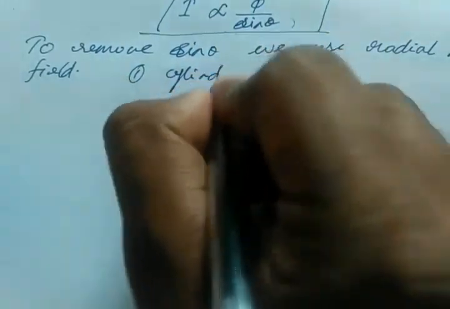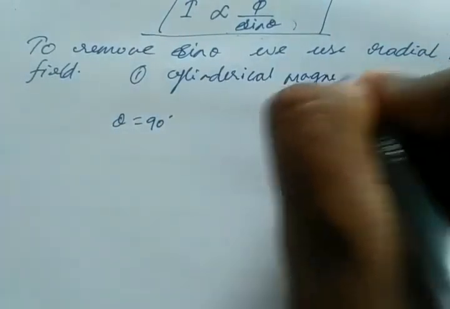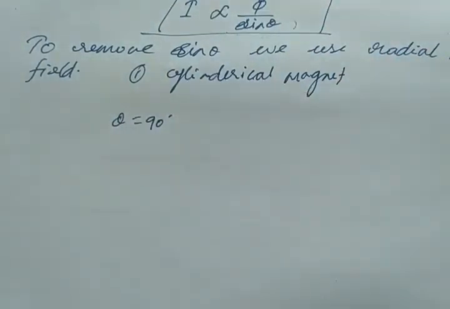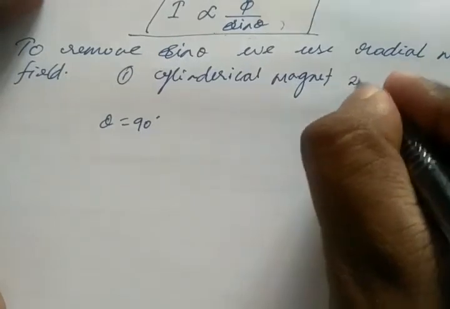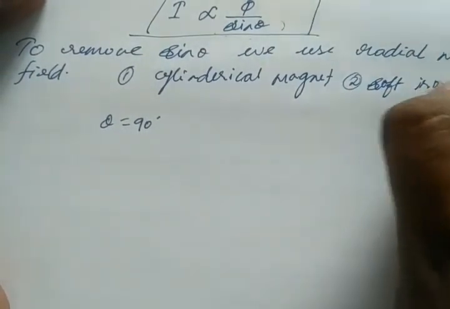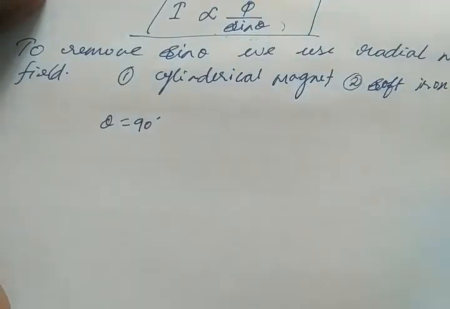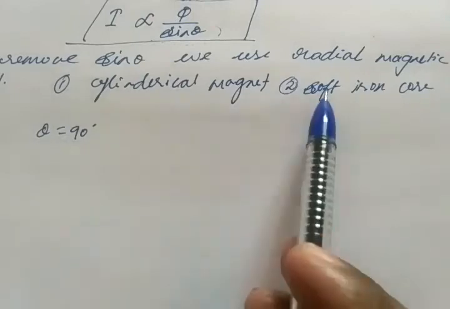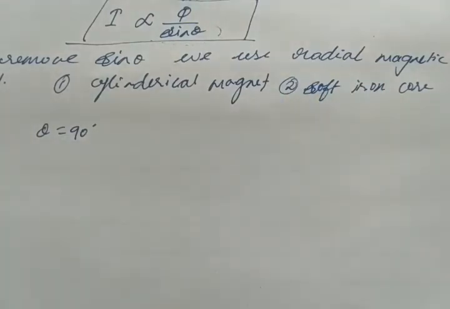First one is a cylindrical magnet, because of which we get a radial magnetic field. Then we use a soft iron core. So because of these two things, we get a radial magnetic field.